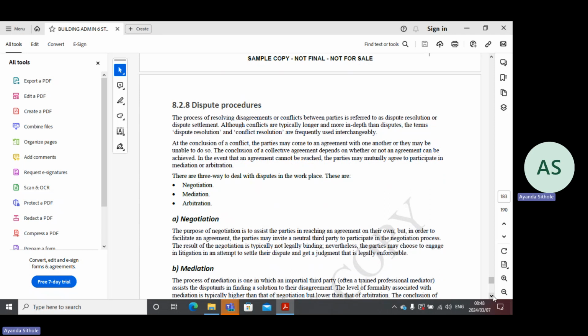The process of resolving a disagreement or conflict between parties is referred to as dispute resolution or dispute settlement. Although conflicts are typically longer and more in depth than disputes, the terms dispute resolution and conflict resolution are frequently used interchangeably.